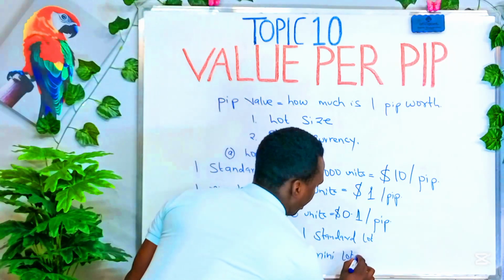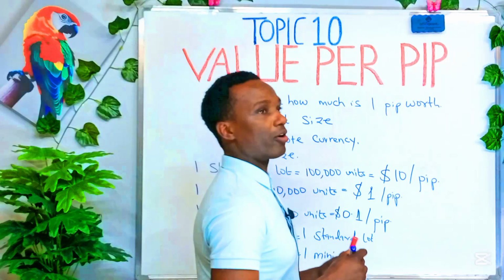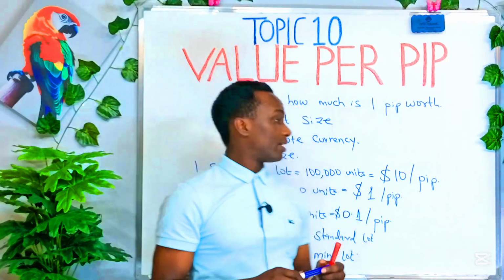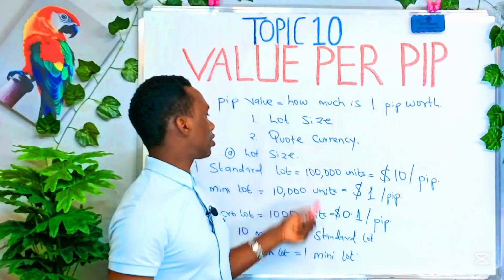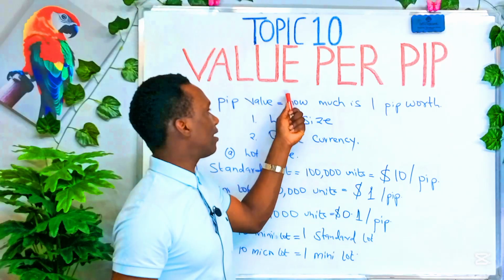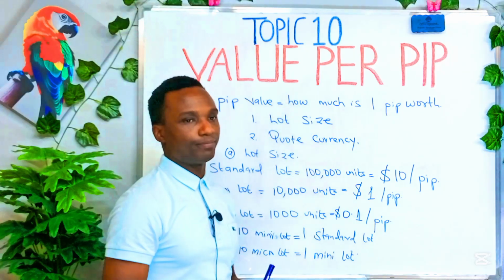That is how they relate. This is how lot size affects the value per pip.